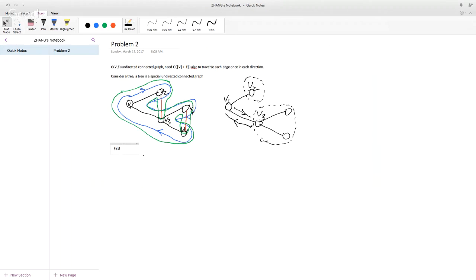First, generate a spanning tree from G. Using DFS, the modified version of depth first search can generate a spanning tree, and the time complexity is linear.